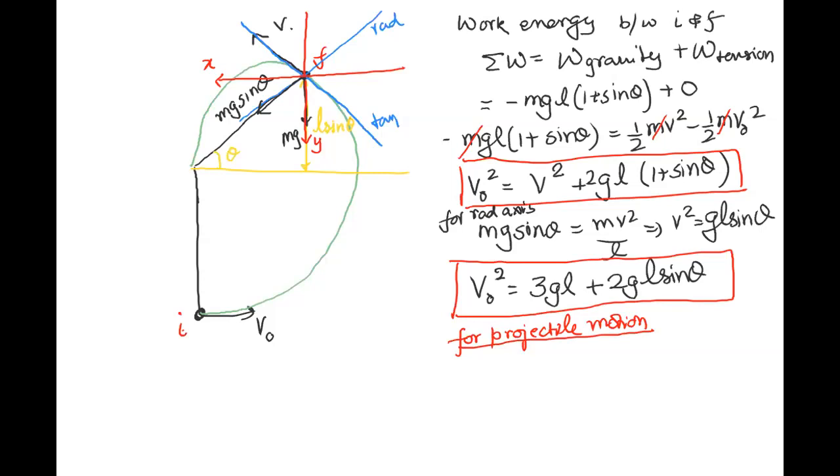So I get ux is equal to v sine theta, uy is equal to minus v cos theta, right? And I have taken the horizontal vertical xy axis.